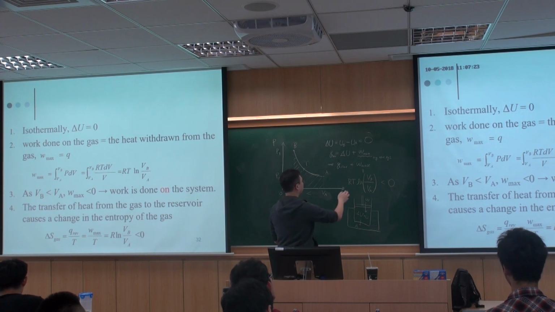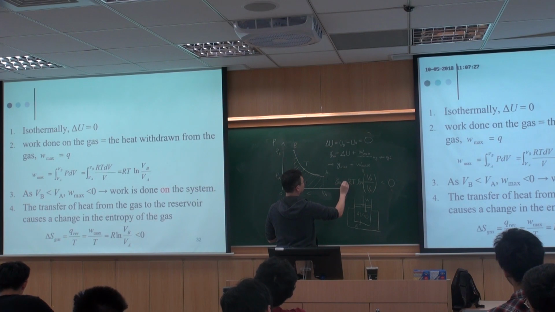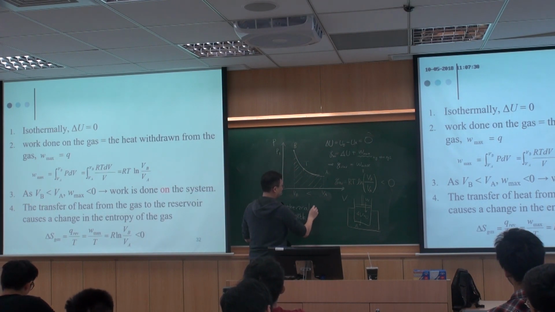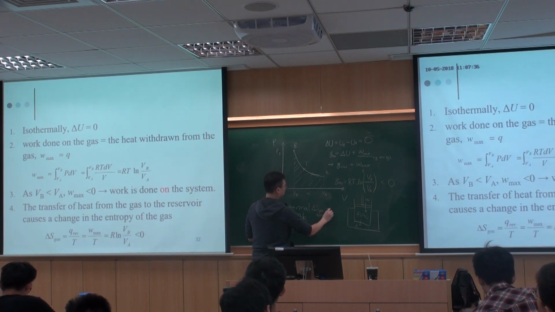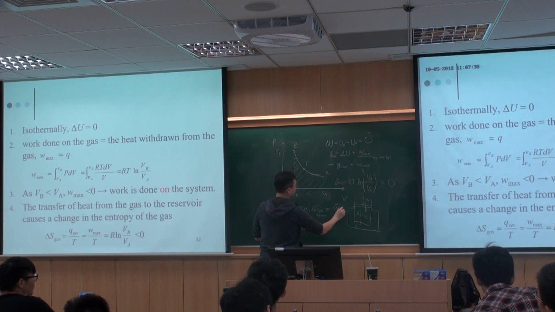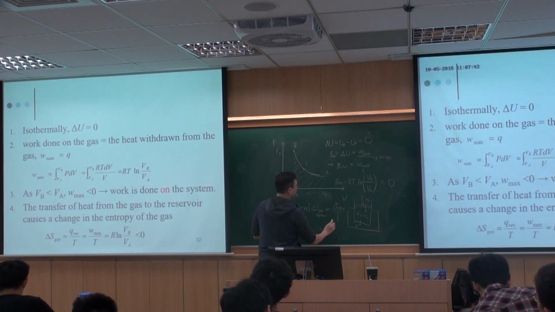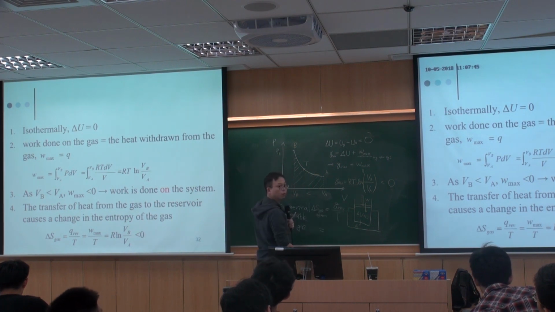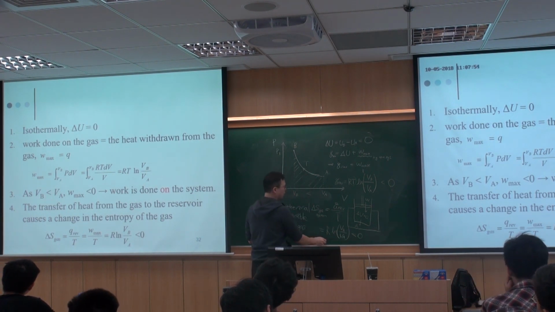Remember that Q reverse is the same as W max, but the change of entropy of the gas, or you can say system, is Q reverse over T. And therefore, this T will be eliminated. So it's R log VB over VA. And this is, again, less than 0.